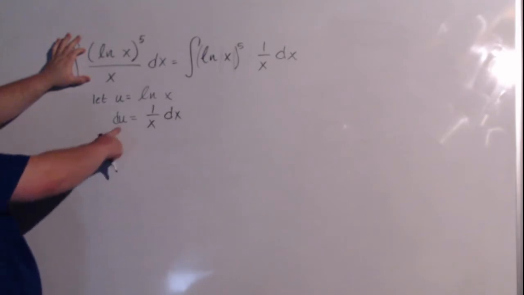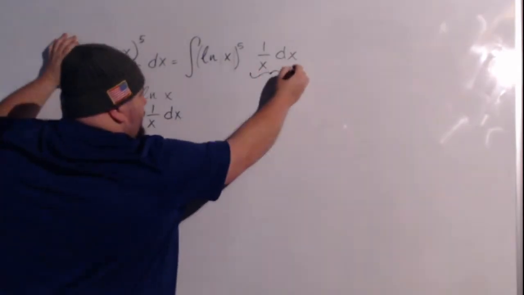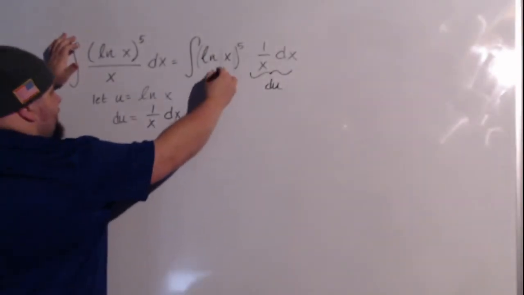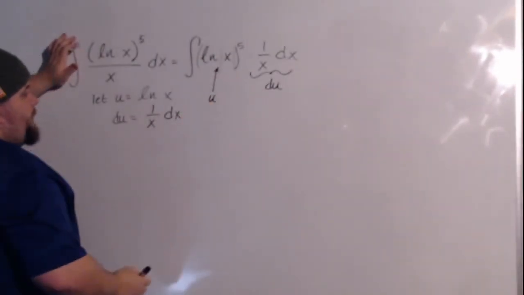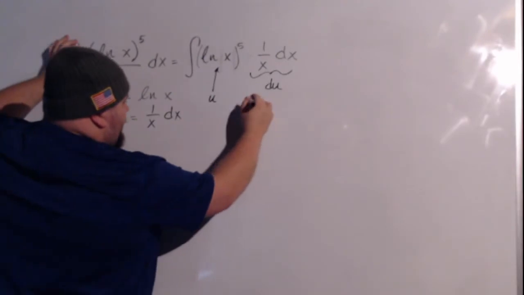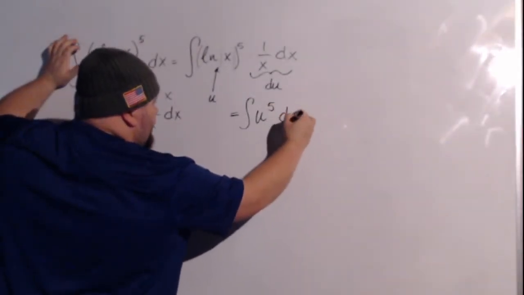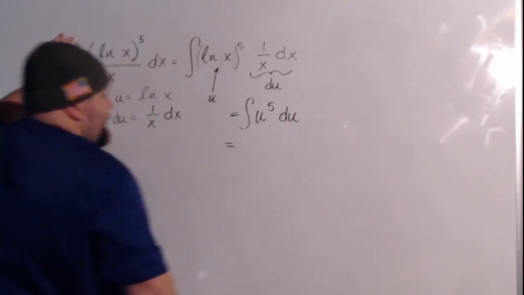Either way, it's du. And everything inside the parentheses is u. So this integral is now u to the 5th du.